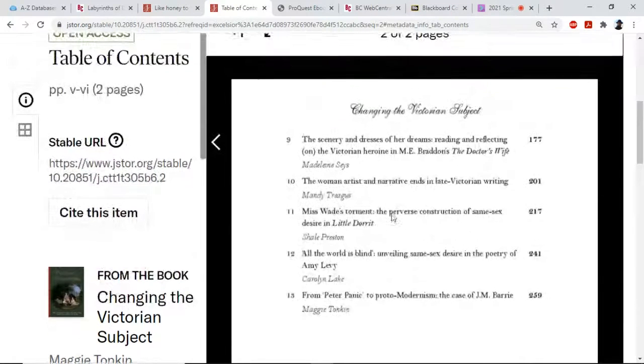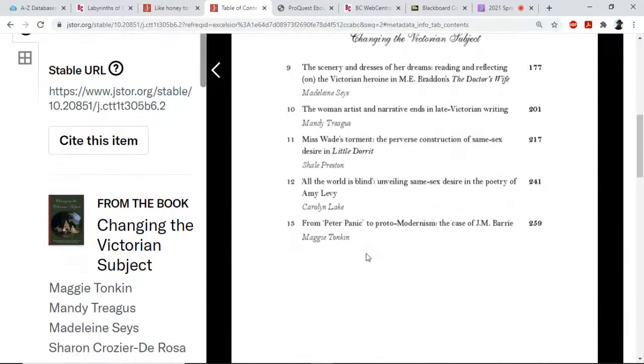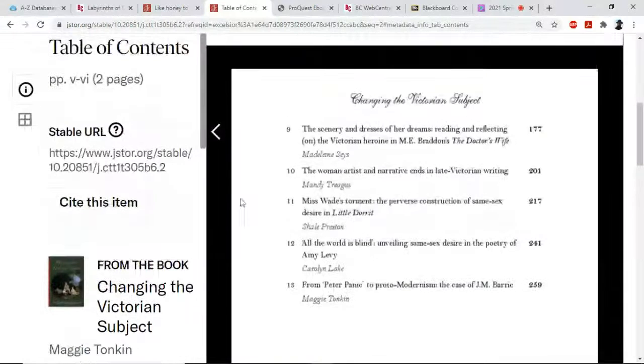Okay, so at this point we can say, well, nothing seems overtly helpful, but nonetheless, we can register that there's a possibility that it'll be helpful, right? So even though Rossetti isn't mentioned in any of the chapter titles, don't put the book back on the shelf yet. Don't put it back on the digital shelf in this case.